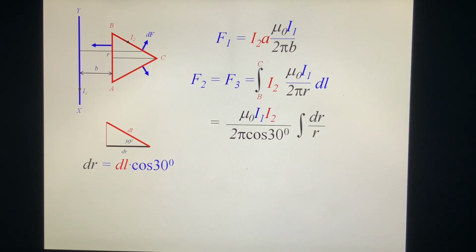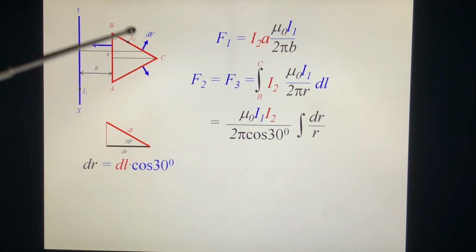This is very easy. The integration is a log. Now the limits: R is from here, B, to here, point C. This distance equals B plus this one. And this is very easy because this is an equilateral triangle.